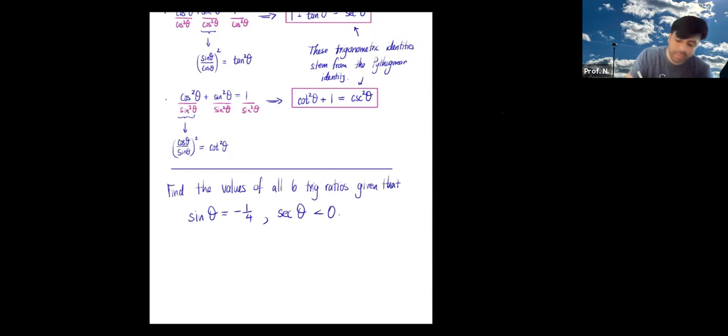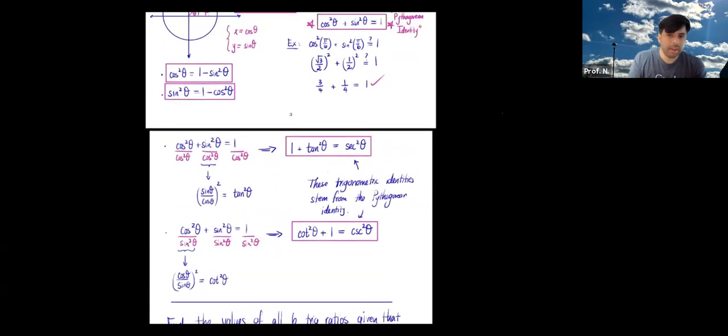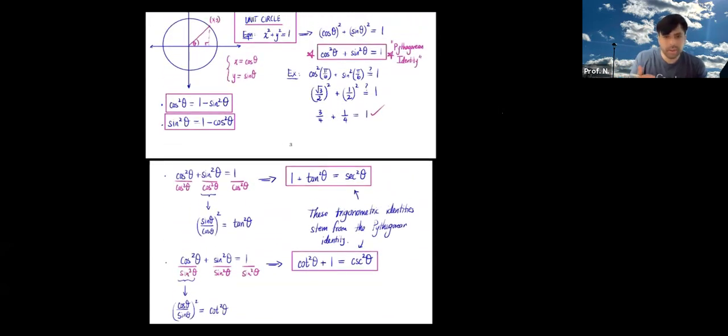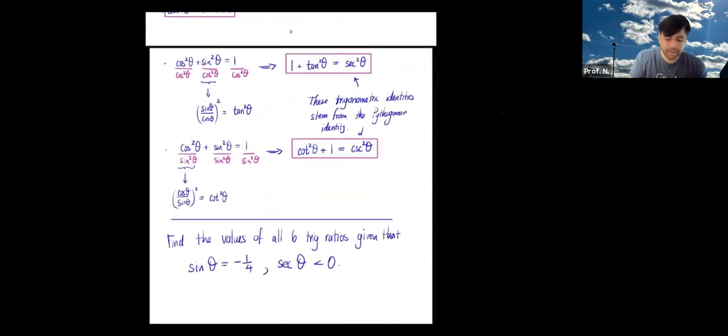So we've done something like this, right? In the last lecture, we drew out the unit circle and all that, but we don't necessarily need that now that we have the Pythagorean identity and all the other identities that stem from it.